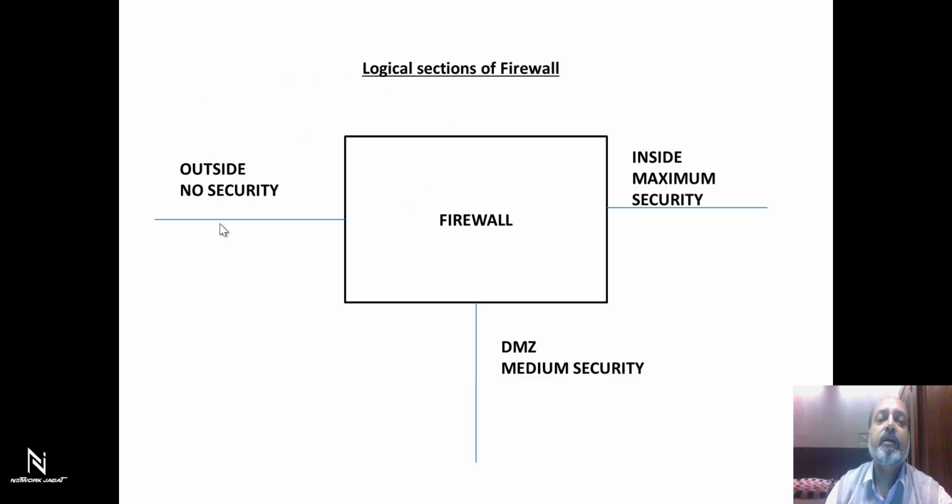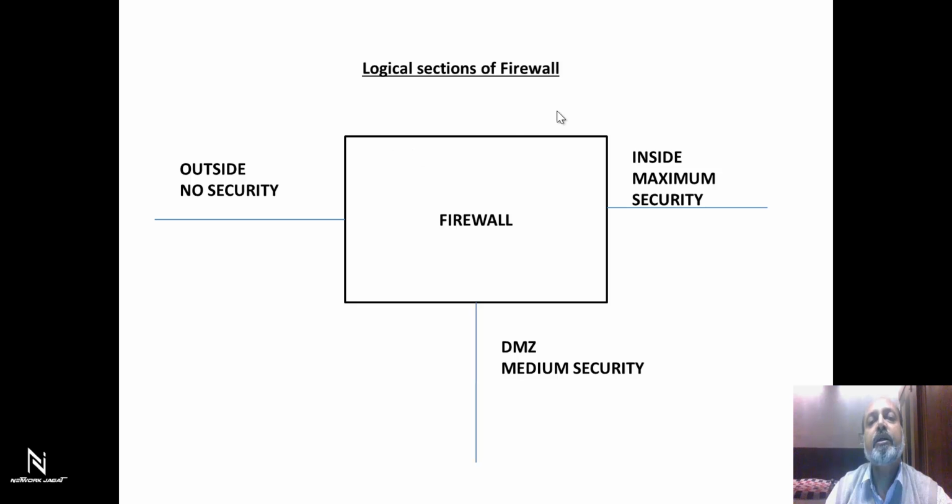And the outside is basically connected to the internet. It has no security at all, right? Because if you put security here also, then the traffic from the internet will not be able to come inside the firewall, right? So it must come inside the firewall, and after coming inside, it gets filtered. If it is directed towards the DMZ, that filtering will not be that stringent or strict.